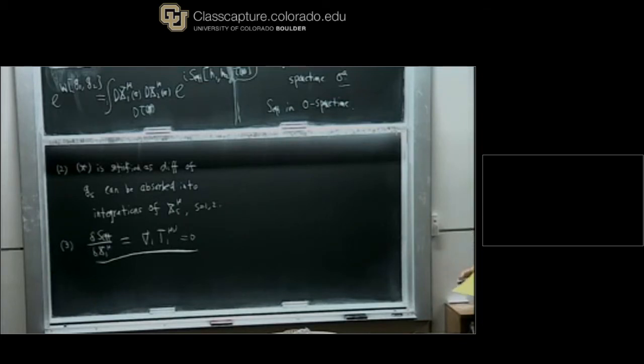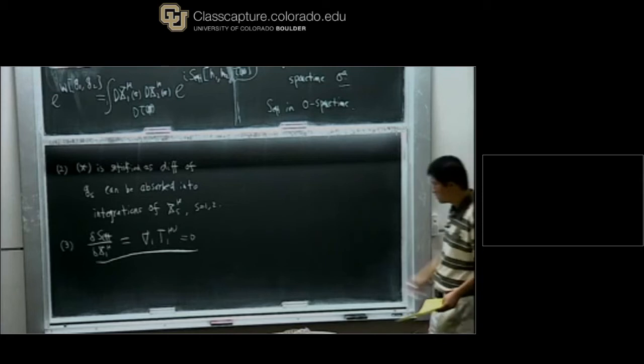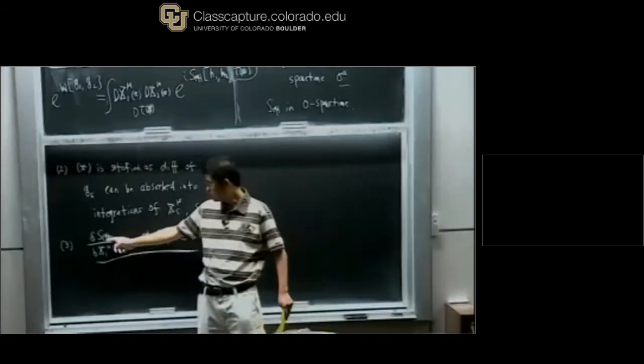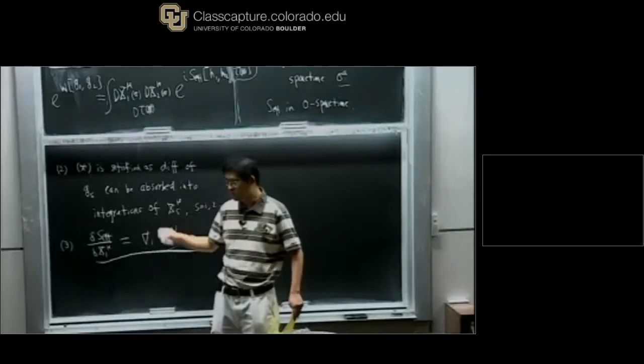They wanted to find toy models for diffeomorphism invariant theory, and people call these parametrized theories. And people already observed in the 70s that for parametrized theories, the equation of motion is always equal to the conservation of the stress tensor.